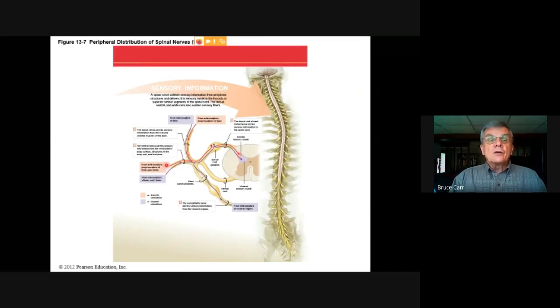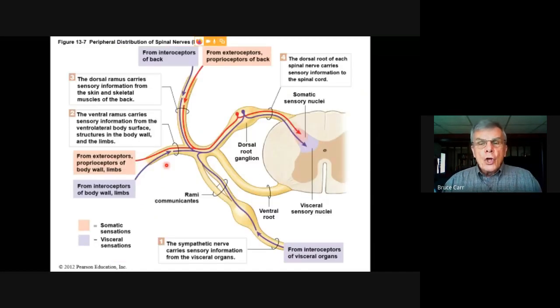When we look at the peripheral distribution of nerve impulses on spinal nerves, now this is just showing the left side of the spine and a cross-section of a representative region, and I believe this is blown up here. There's a spatial relationship for the input of sensory information.